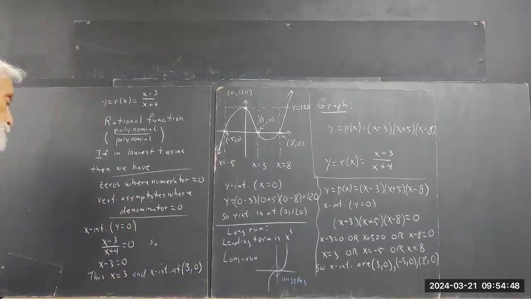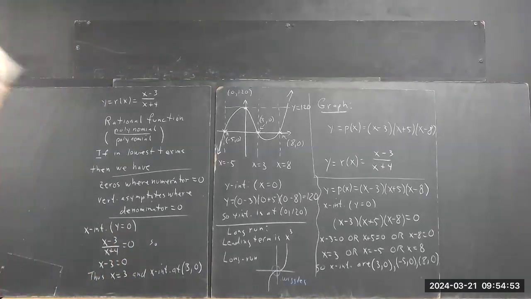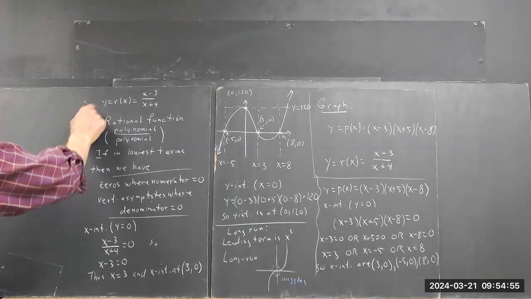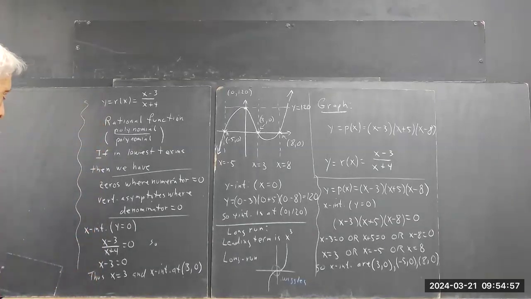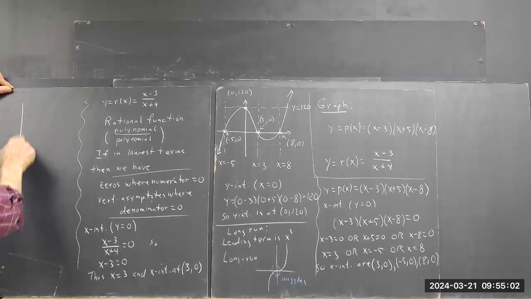So x equals 3, and the x-intercept is going to be at the point (3, 0). This means we can begin sketching our graph.